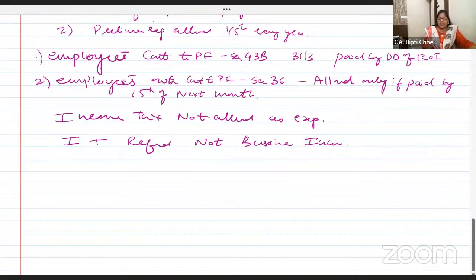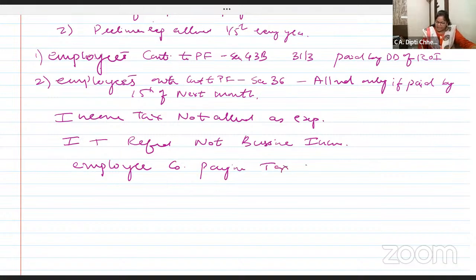And income tax is not allowed as expense. Now, employer or company paying tax, income tax on non-monetary perquisites, tax on non-monetary perquisites disallowed.